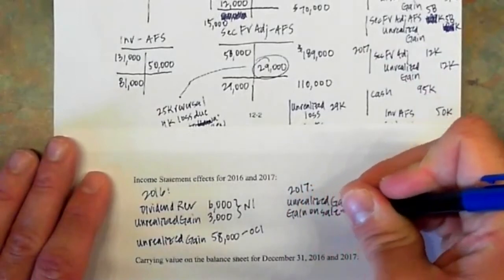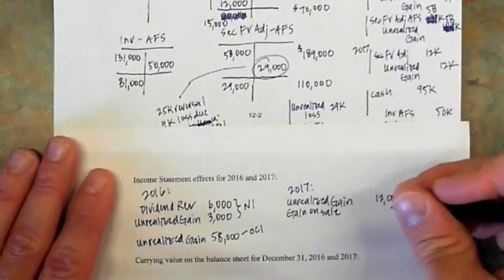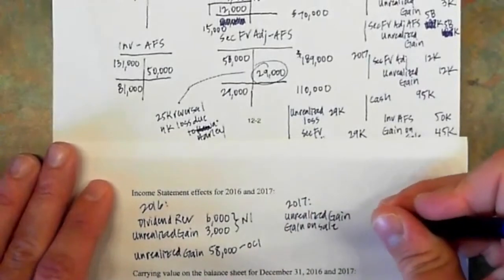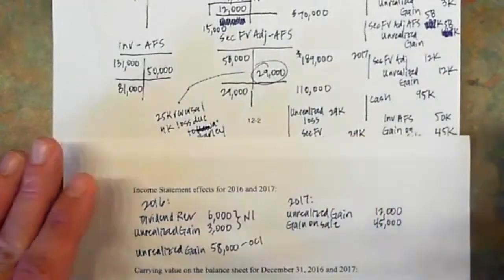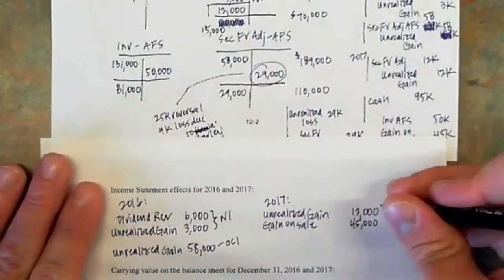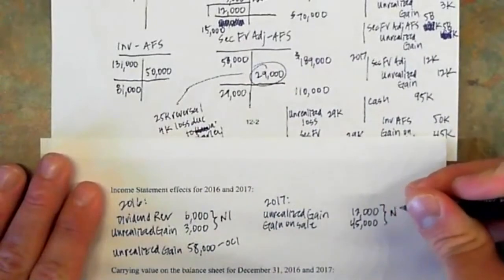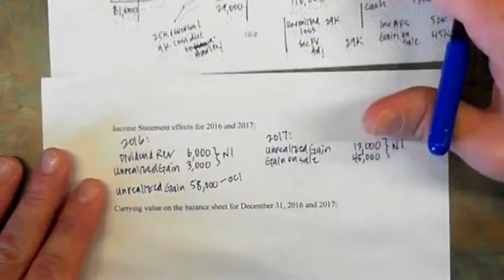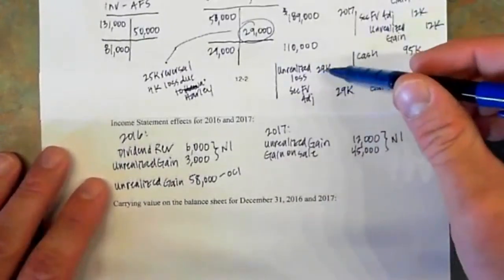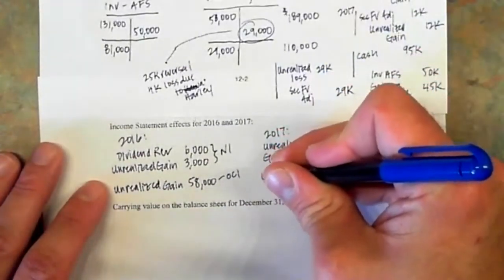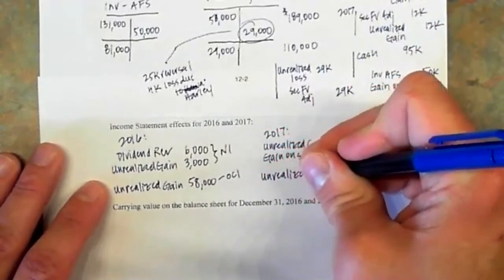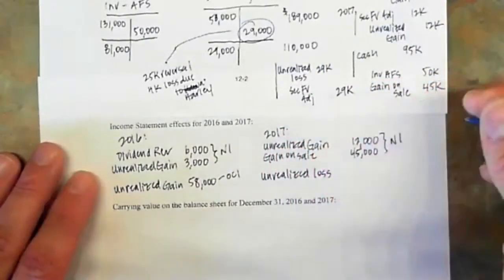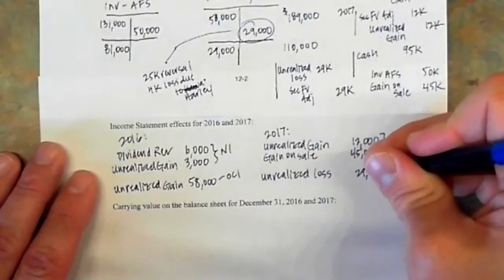And remember, no matter what they are, trading or AFS or even HTM in the case of a debt investment, all of the actual sales are net income related. And then I have finally an unrealized loss that would go to my OCI.